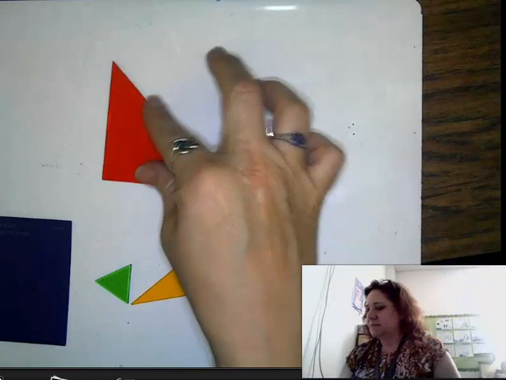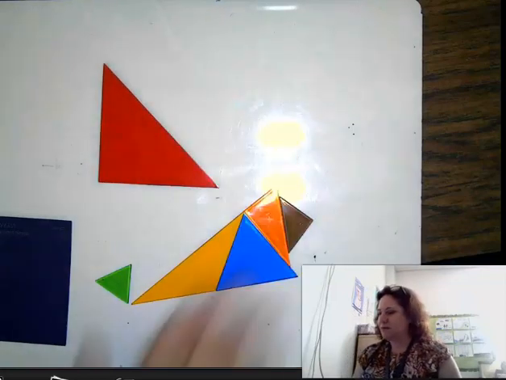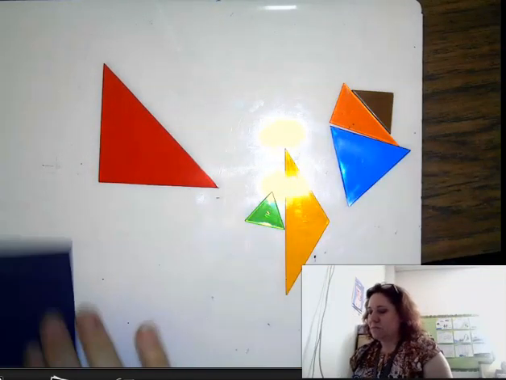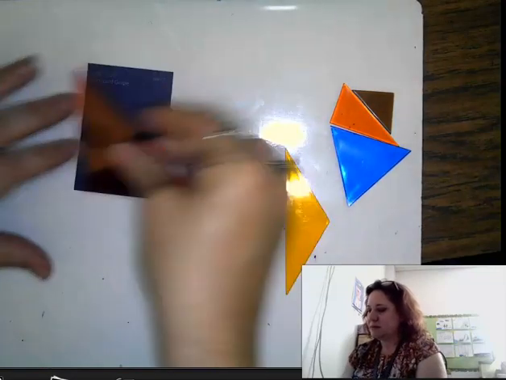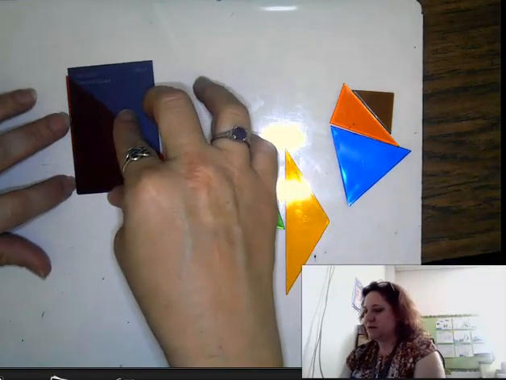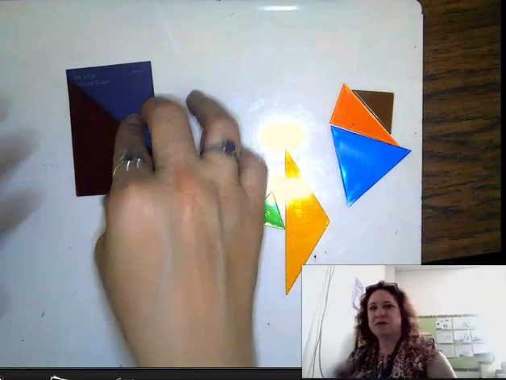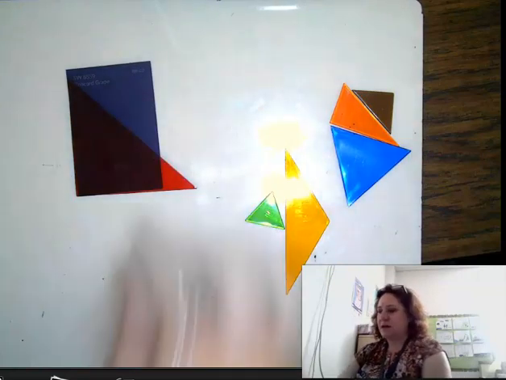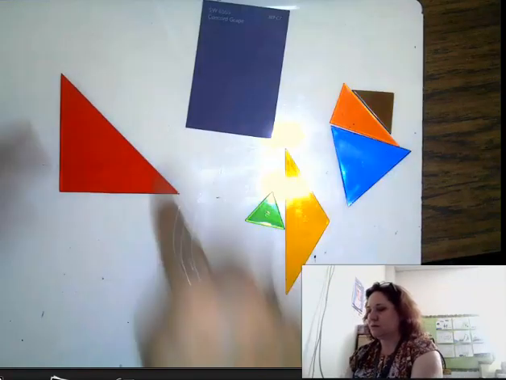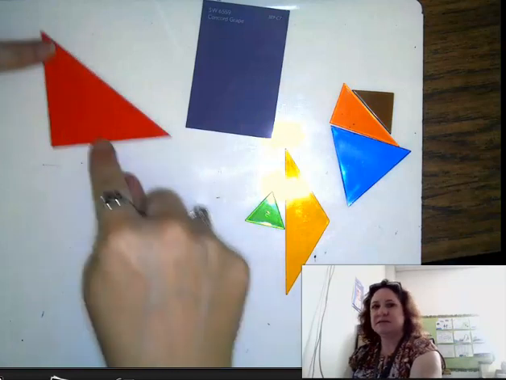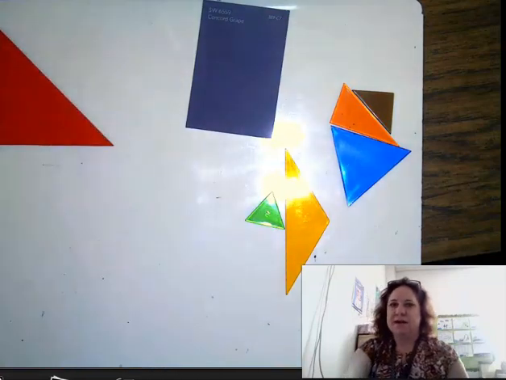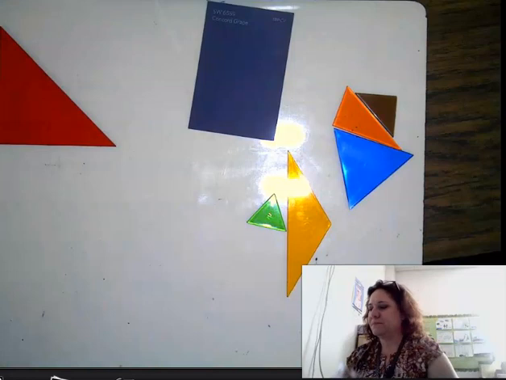All right, let's look at this triangle, this red one here. It has a perfect 90-degree angle there, and it has two acute angles, so that makes this a right triangle, right?